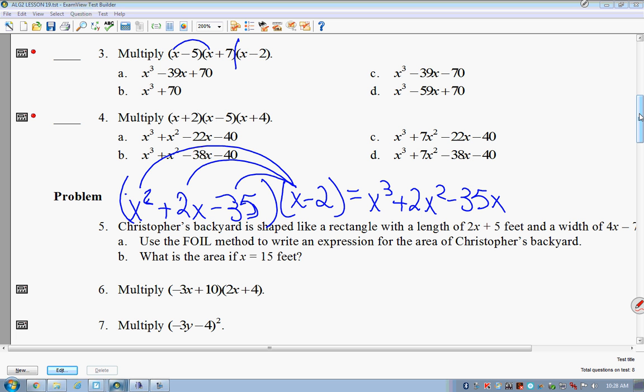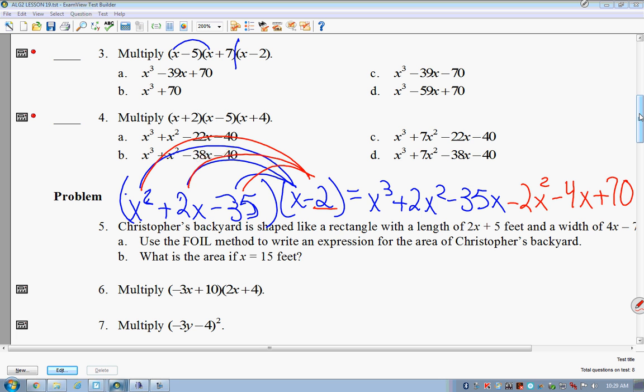All right, now we're going to do the same thing with the negative 2. Okay? Negative 2 times x squared is negative 2x. No, because it doesn't have an x. Negative 2x squared. Okay, negative 2 times 2x. No, not quite. Negative 4x.